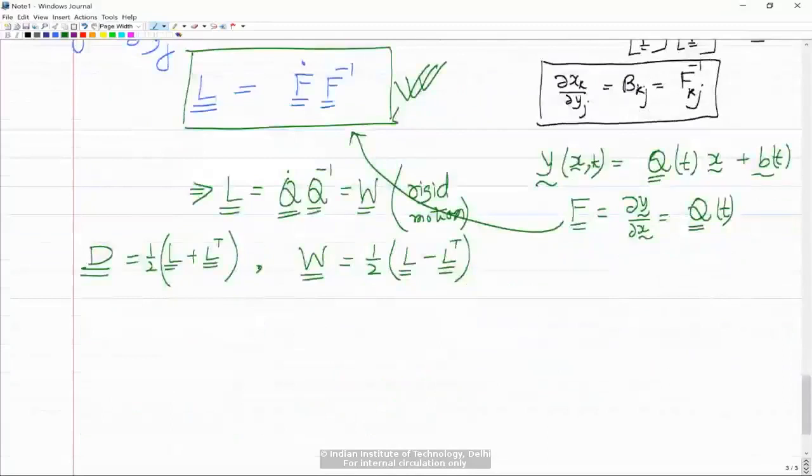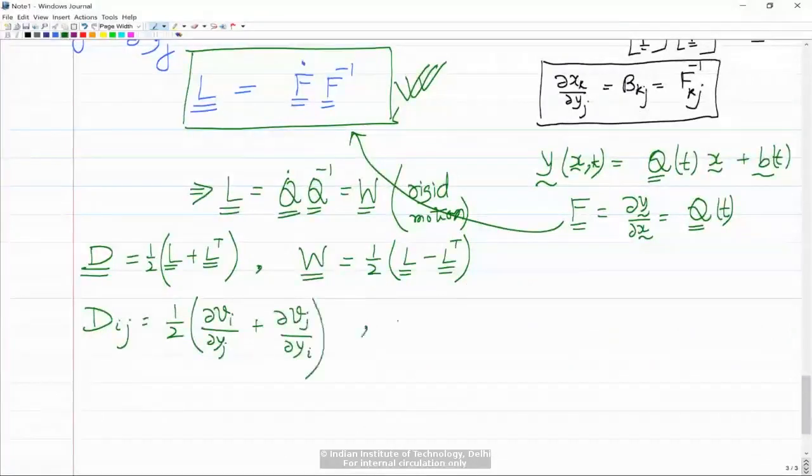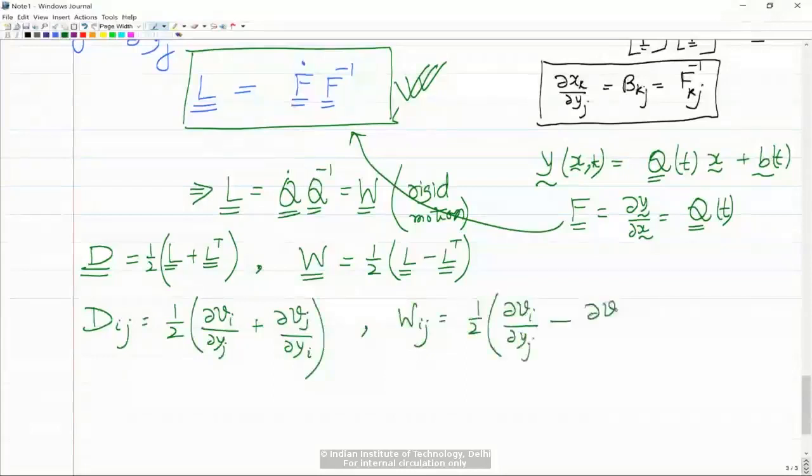Okay, and if you think of now component wise, then dij is half of del vi over del yj plus del vj over del yi. Okay, whereas wij is half of del vi over del yj minus del vj over del yi.